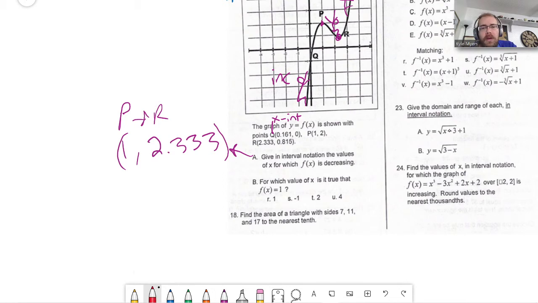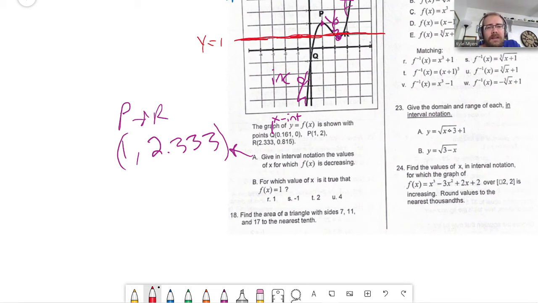Okay. For B, for which value of x is it true that f of x equals 1? Well, remember f of x is y, so we want to know when y is equal to 1. This is the line y equals 1, which represents all the places where the graph hits the y value of 1.